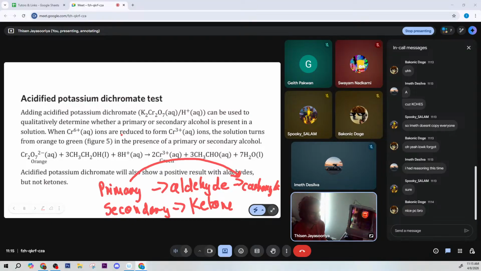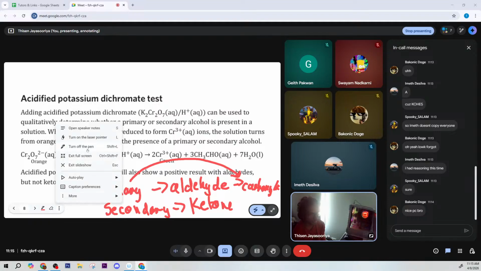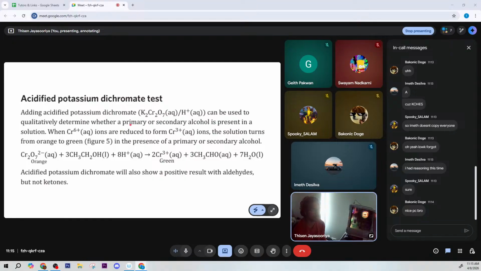What this allows us to do is tell if we have a primary or secondary alcohol present. So we react the sample with acidified dichromate. It needs to be acidified, so you literally say H+ Cr2O7 2-, that's acidified dichromate.